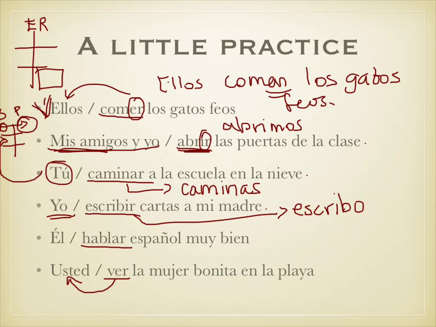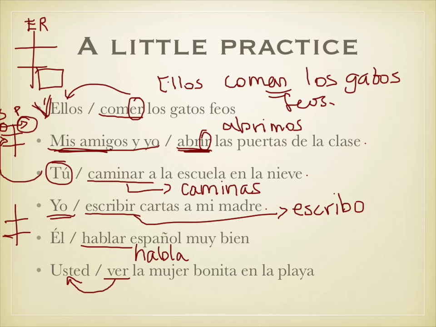All right, now let's look at él hablar español muy bien. Now, if we were to leave this sentence just like that, it would be like he to speak Spanish very well, which is not what we want to say. We have to change that ending. So that's what we're going to do. So we'll say él habla español muy bien. Okay, because it's found in that last square.